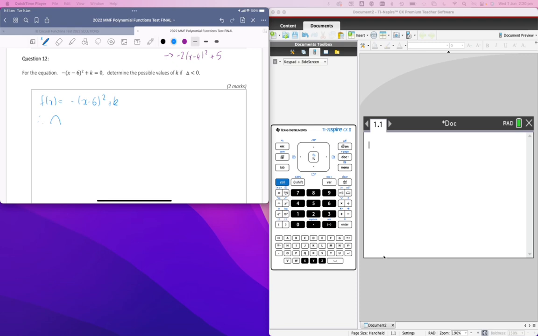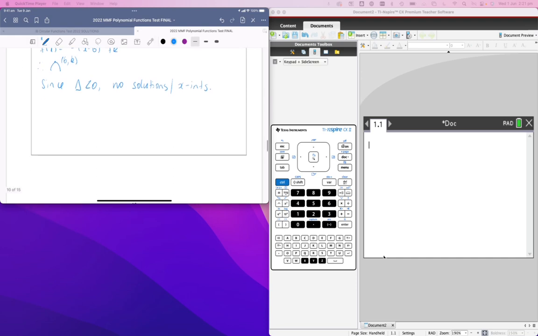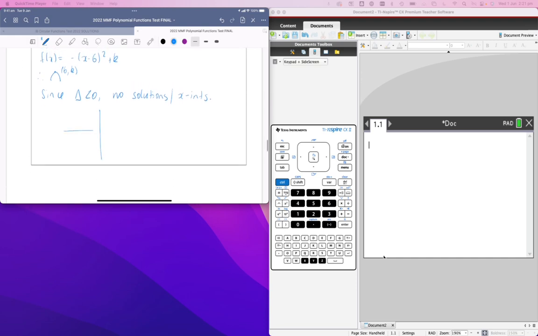And therefore this turning point here would be 6 comma k. So since the discriminant is less than 0, there are no solutions or x-intercepts. So you could draw a little graph and ask, what does it look like for there to be no solutions?